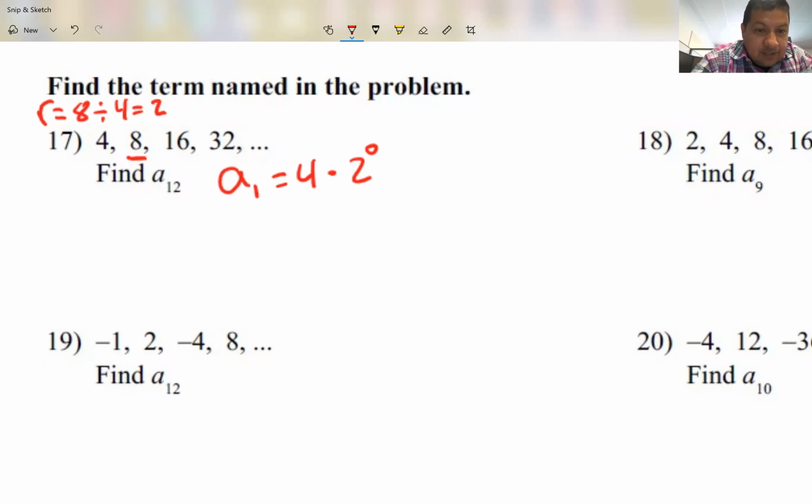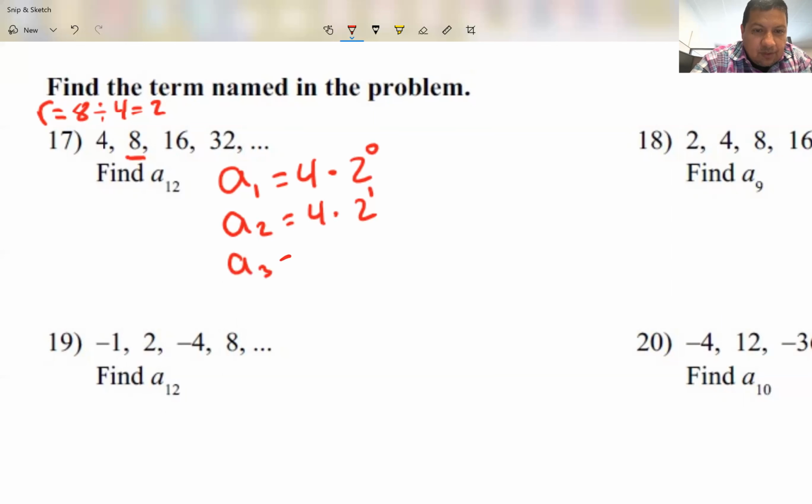I'm going to say a sub 2 is my 4 multiplied with 2, 1 time. Notice my second number, that's basically what it is. I'm going to say a sub 3. My third number is 4 multiplied times 2, 2 times. If we figure out 2 squared times 4, okay, so it works.